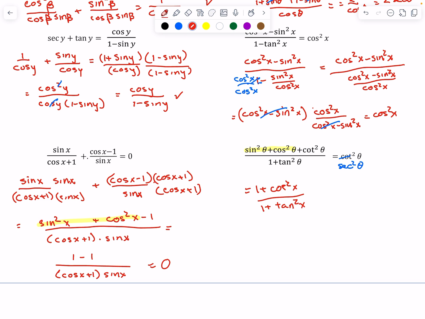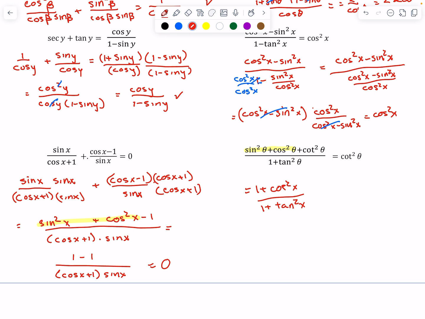And 1 plus tan squared, what on earth did I just do? Oh crap, it is cotangent. Hold on a second. I think I screwed this one up. Let's just fix this. Let's see. 1 plus tan squared is secant squared. So 1 plus cotangent squared is, yeah, I think this one was right. I'm the idiot. All right.